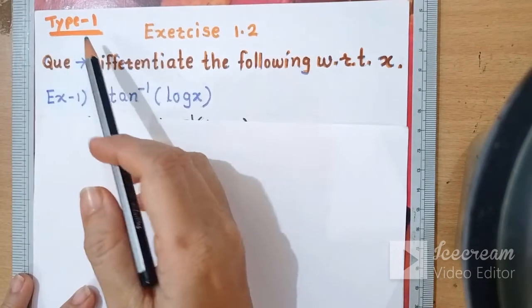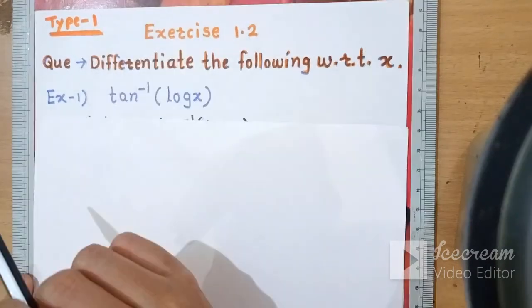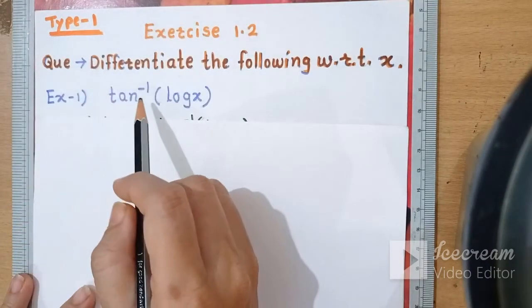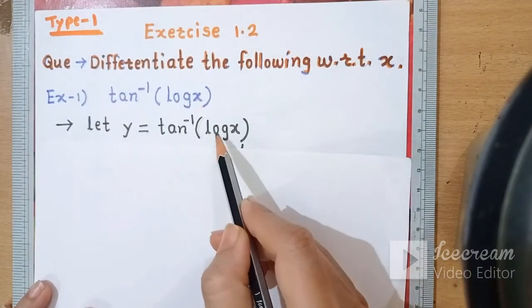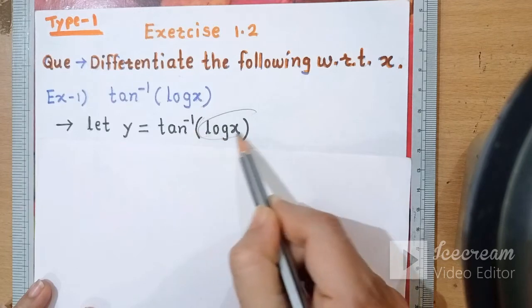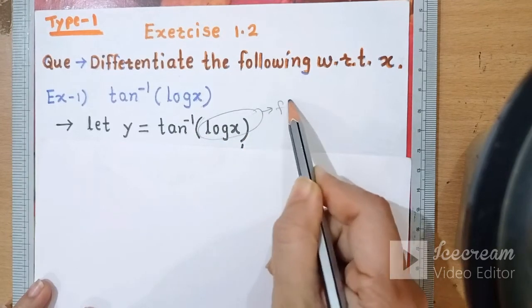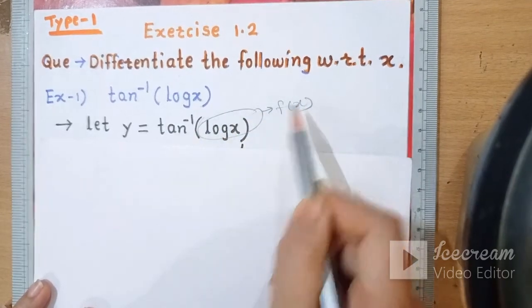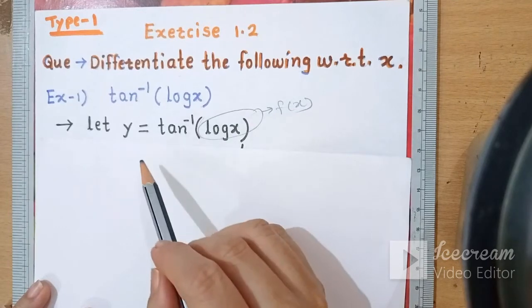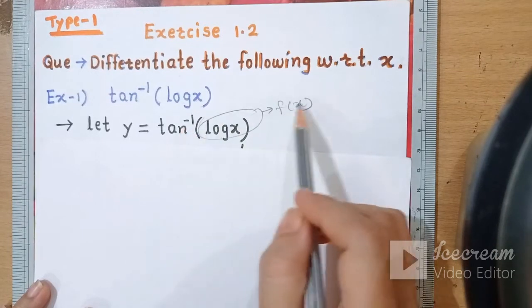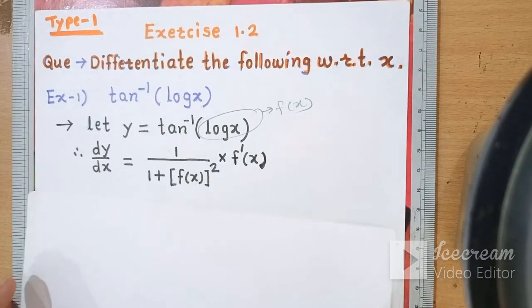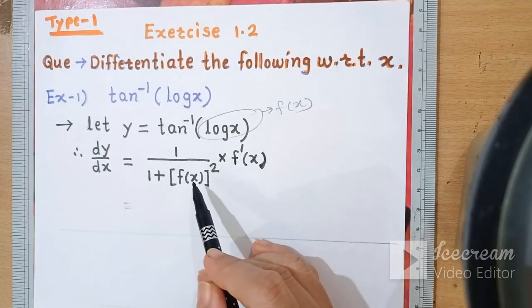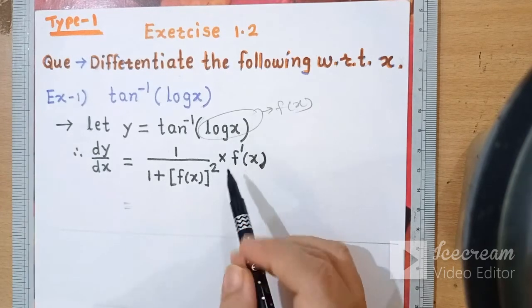Now let's solve type 1 from exercise 1.2, and our first example is this one. Here log of x means a function of x, so we will assume this is tan inverse of f of x, and while differentiating we will use the tan inverse of f of x formula, which is this. Only here we will replace f of x by log of x.